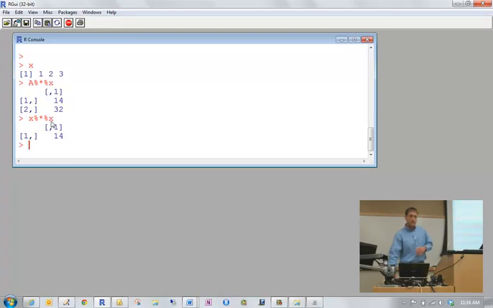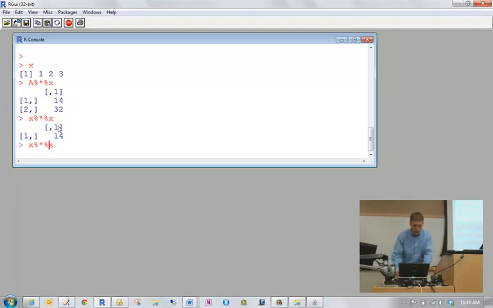Now, you might be thinking, well, why didn't it do it the other way? You know, why didn't it think that this is, let's say, 3 by 1 and this 1 by 3? So the end result will be a 3 by 3. Well, it's just the definition of how R defines this percent asterisk percent in terms of multiplying matrices.